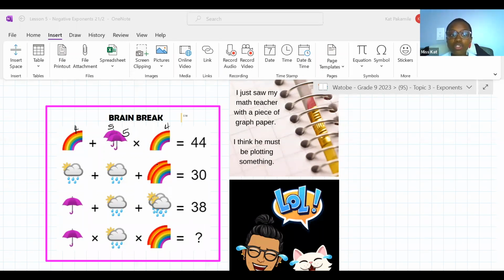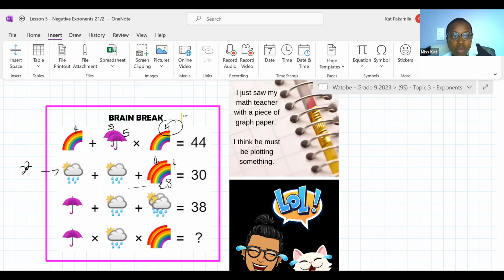Okay, but we have to start at the rainbows. Remember, we already know the rainbows are 4, right? Yes. So here we have 2 rainbows. So how much do we have? We have 8. Yes. So plus 8 is equal to 30. That means 2 of these clouds is 22.